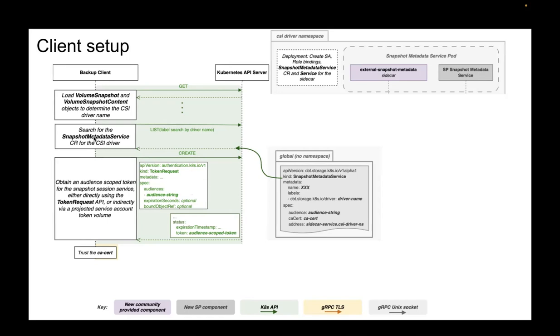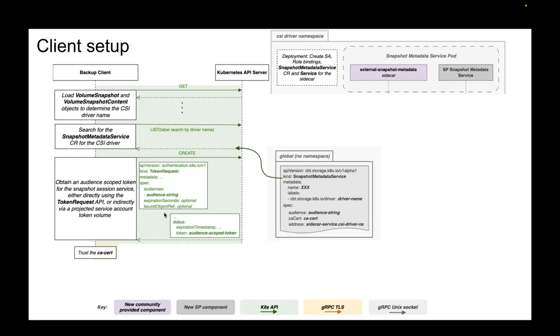Once the client gets the required information, based on the audience string it generates the token. The backup client can use the TokenRequest API to generate the token for the given audience. We can also specify the expiry time and bound object reference.